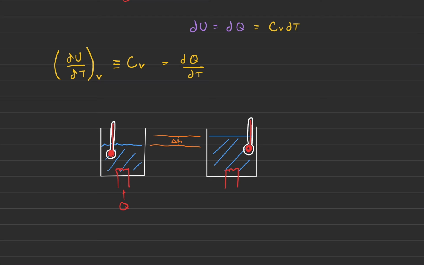I mean, what did we just learn about compression and expansion work? Well, when that level changes, that control volume is imparting work on the environment. Right, so now some of that Q that was going to go into changing the temperature now instead went into doing work on the environment.